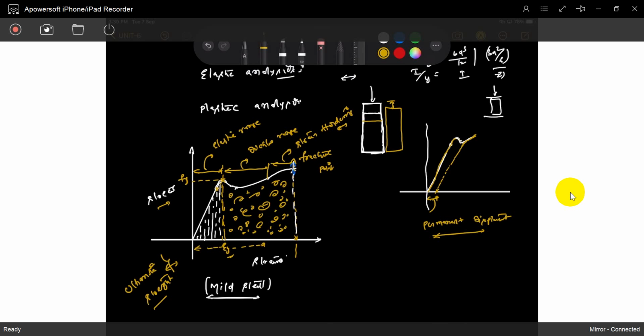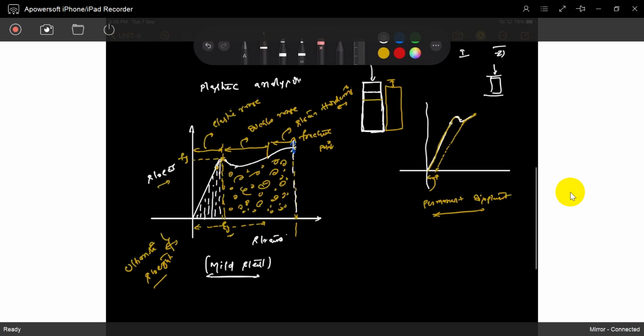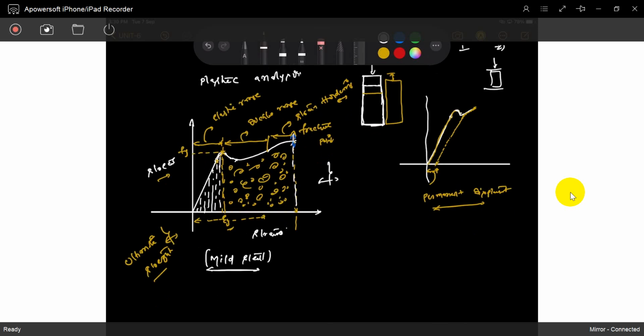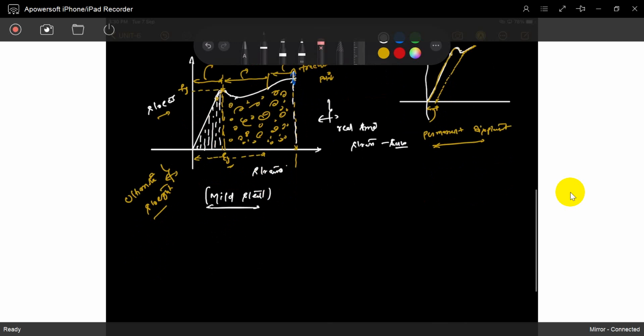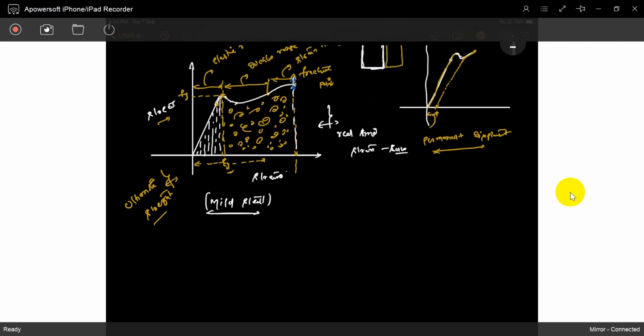Okay, sir, understood? So now we will see, this is a real time stress strain curve. So what is idealized? This is the idealized stress strain curve for mild steel.